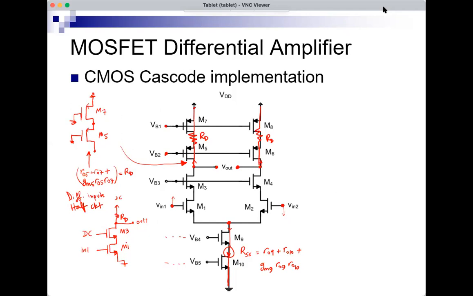This is the cascode. The cascode is exactly this structure, a common source followed by a common gate. And we've analyzed the cascode and we know what the gain would be. So again, we're familiar with this. We know what to do.